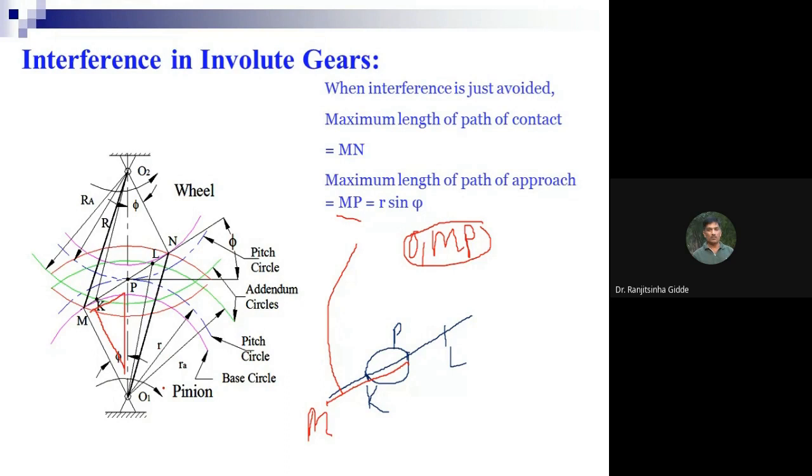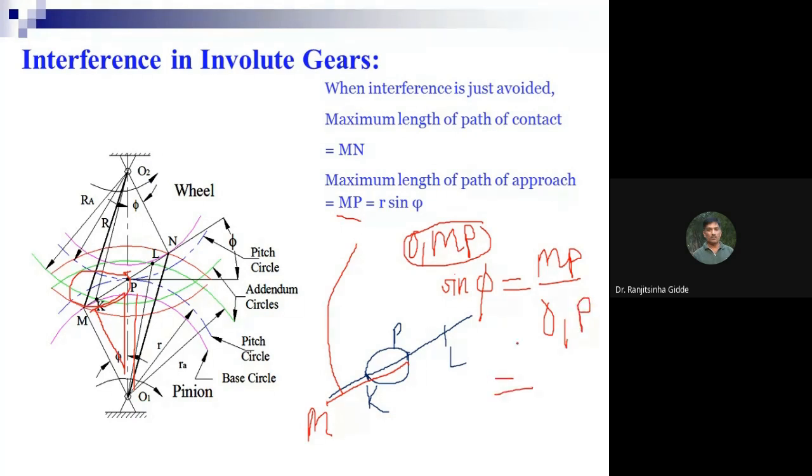So here we can write sin phi is equal to this MP divided by this O1P, right?